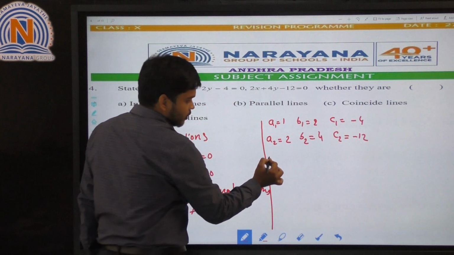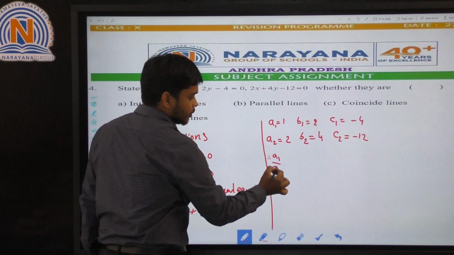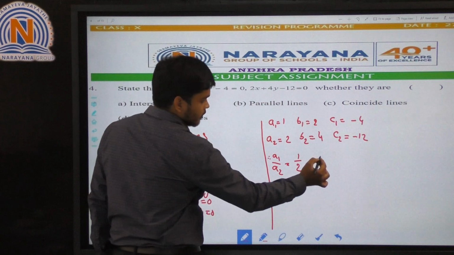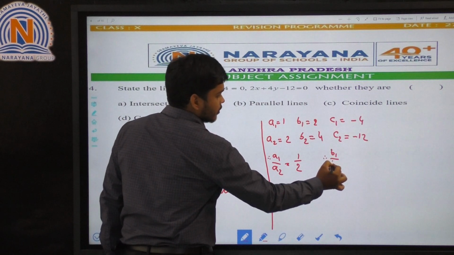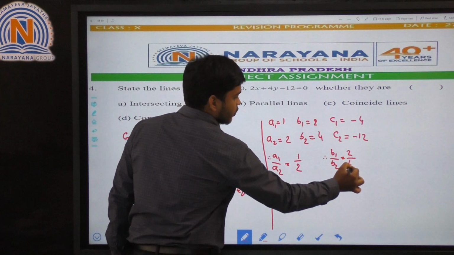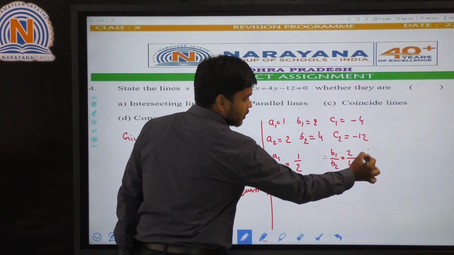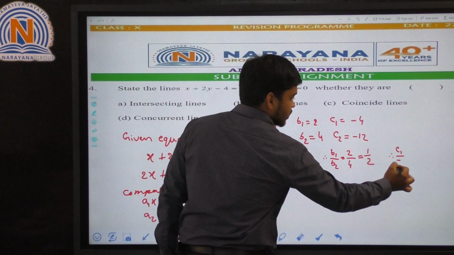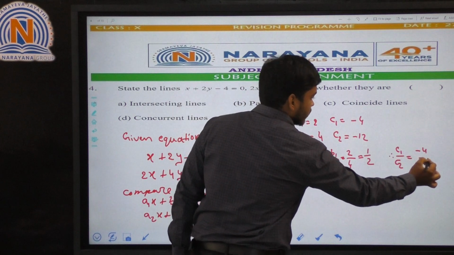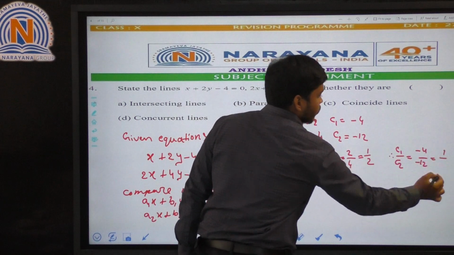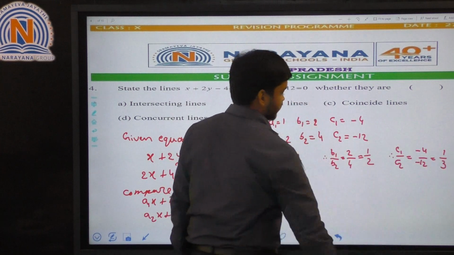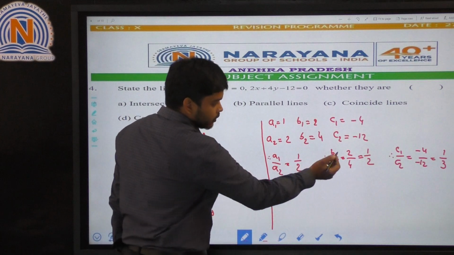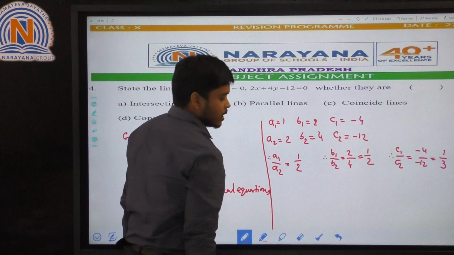See the coefficient ratios: a1 by a2 is 1 by 2, b1 by b2 is 2 by 4, which is 1 by 2, and c1 by c2 is -4 by -12, that is 1 by 3. So a1 by a2 is 1 by 2, b1 by b2 is 1 by 2 and c1 by c2 is 1 by 3.